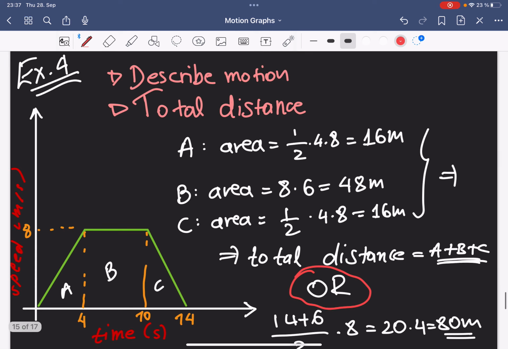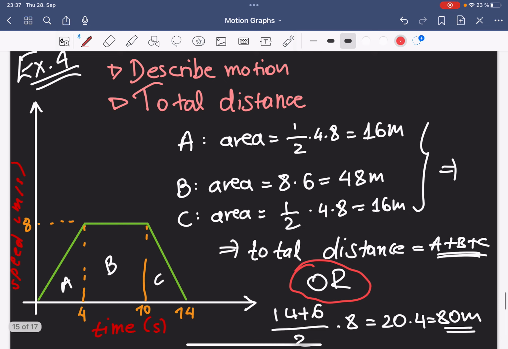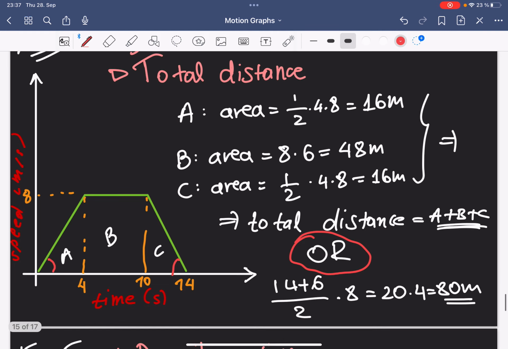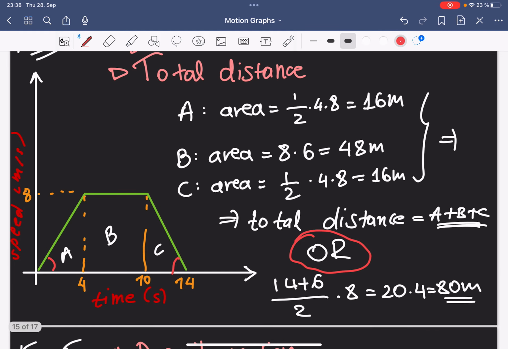Now, if we try to calculate the total distance, as far as acceleration goes for A and C, you can easily calculate that from the slope. The only difference is that the slope on A is going to be positive and the slope on C is going to be negative. Now, area A is a triangle, so half times 4 times 8, and that's 16 meters.